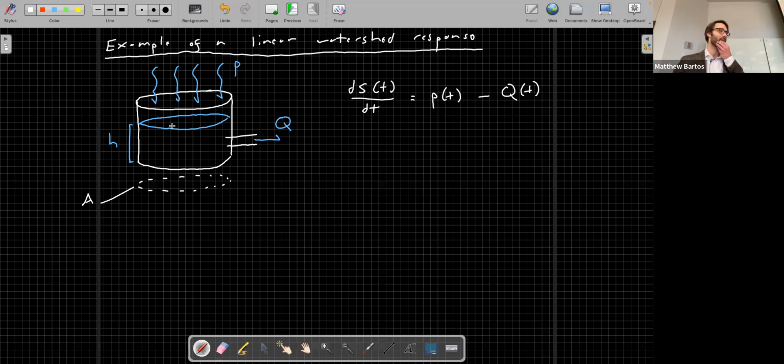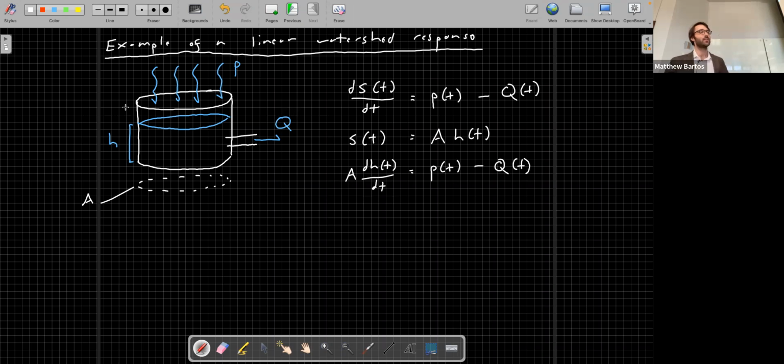Because this is a tank, we can just say that the storage is equal to the bottom area times the height of the water. So if we substitute that in here, we get A times dH(t)/dt is equal to P(t) minus Q(t).